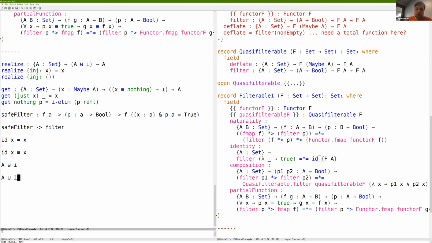So there's no function from a continuation type to A, for example, right? That cannot be implemented. So that's an example. It's the simplest example where you have a non-polynomial functor that is filterable, for which a lot of the intuitions that we have just don't work.